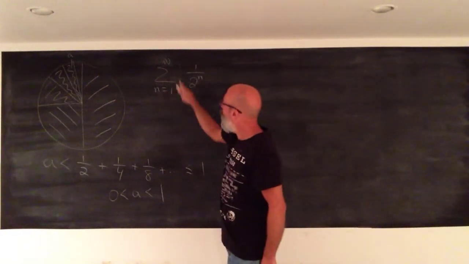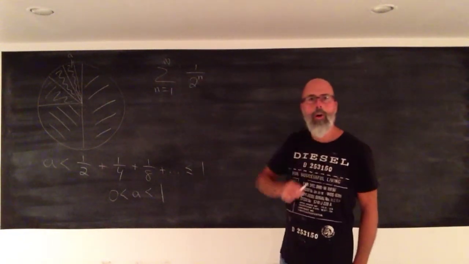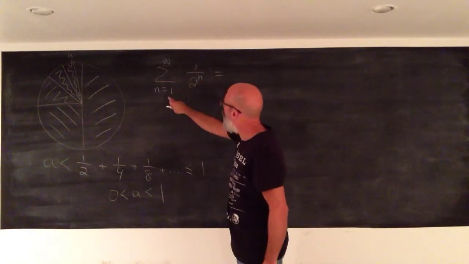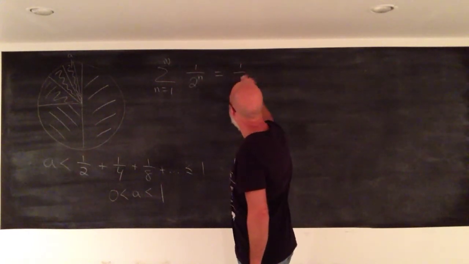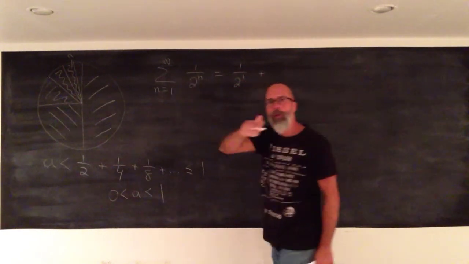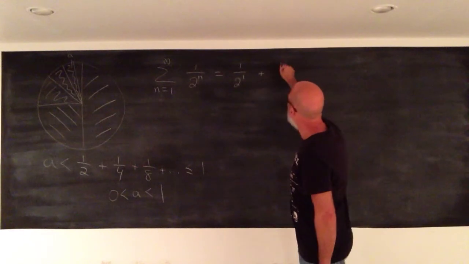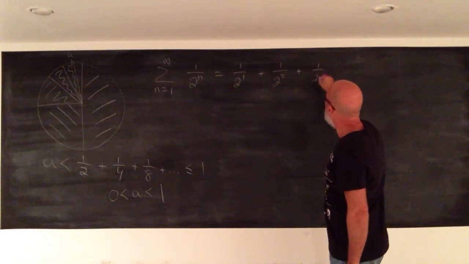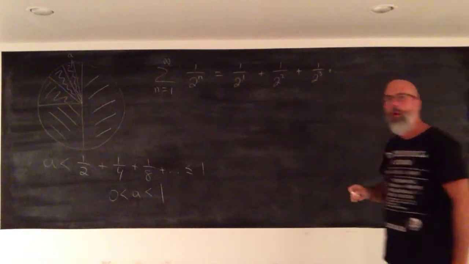What does that refer to? The sigma notation, you'll recall, is the sum, right? So this is the sum of the terms when n is 1, this is 1 over 2 to the 1, plus when n is 2, 1 over 2 squared, plus when n is 3, 1 over 2 cubed, and so on and so on.